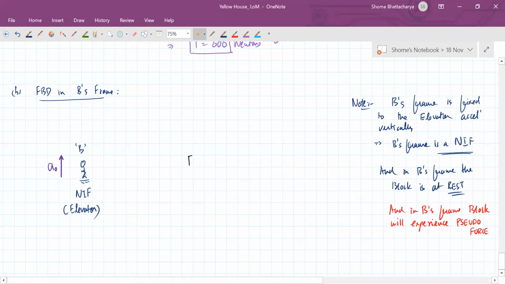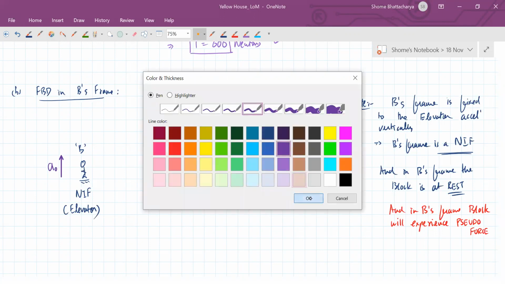So when we talk about the block, the first force we should talk about is the pseudo force.